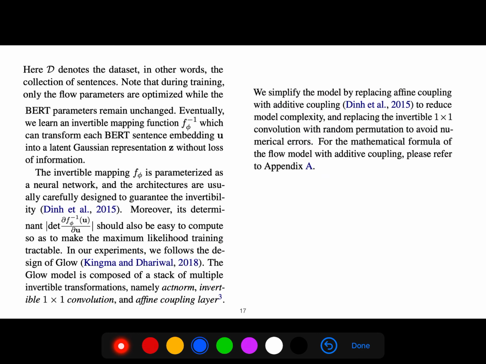D denotes a dataset, in other words, the collection of sentences. Note that during training, only the flow parameters are optimized, while the BERT parameters remain unchanged. Eventually, we learn an invertible mapping function which can transform each BERT sentence embedding into a latent Gaussian representation. This invertible mapping is parameterized as a neural network.